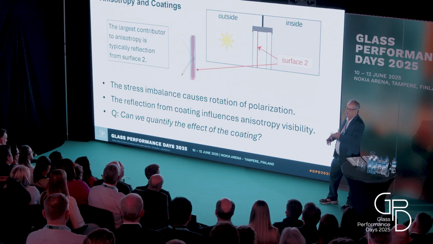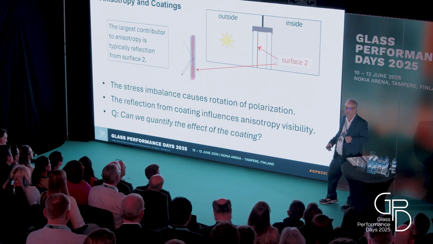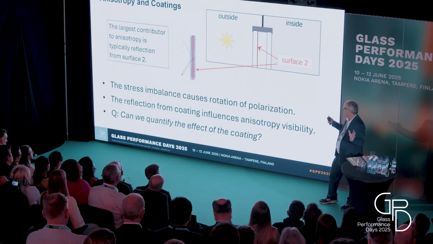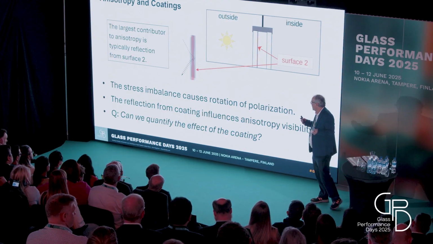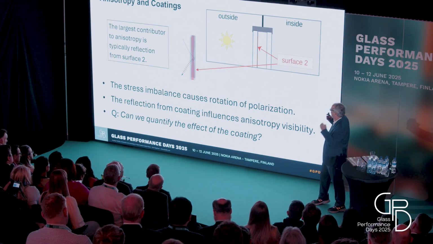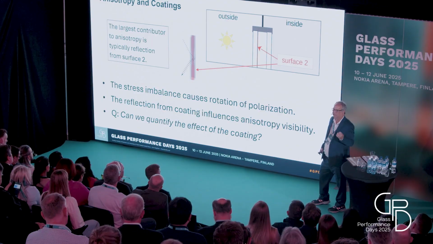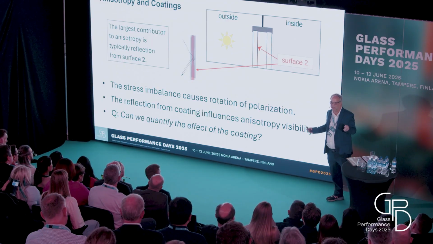If the far surface was a theoretically perfect anti-reflective coating, you would see nothing in any case. But typically the coatings have a certain level of reflectivity, and that affects how visible a certain level of anisotropy is. And the question is, can we quantify that effect?